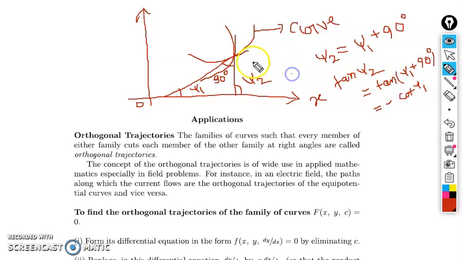If we represent the point of intersection of these two curves by the coordinate P(x, y), then what does tan phi 2 represent? We represent the 90-degree curve, which is known as the trajectory.